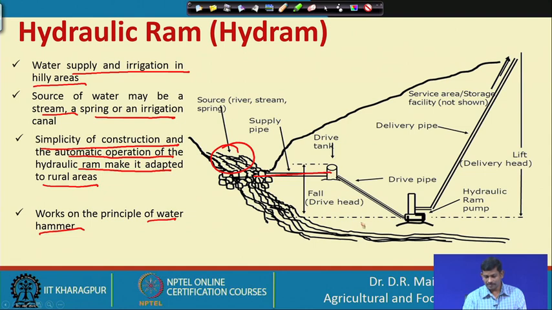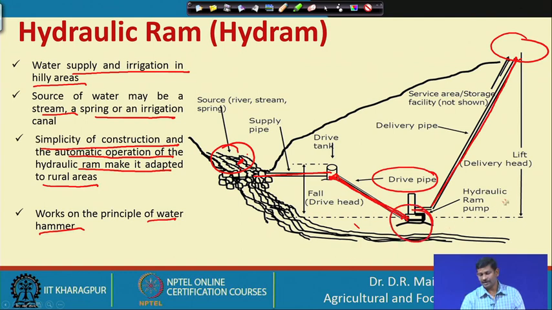So, here if this is the water source, the water goes through this, which is called a drive pipe, and this is called a delivery pipe. You want to lift water from this side to this side. With this hydraulic ram, what happens? Because of this slope, the water falls from this point to this point, and here there is the hydraulic ram, or this box.